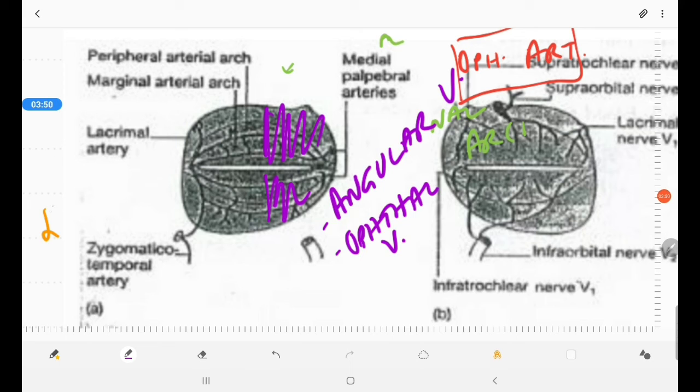The lateral part drains into the superficial temporal vein.